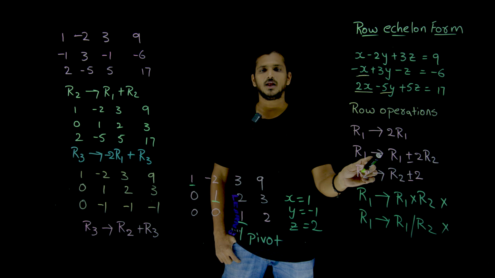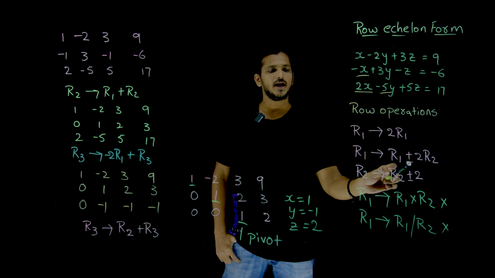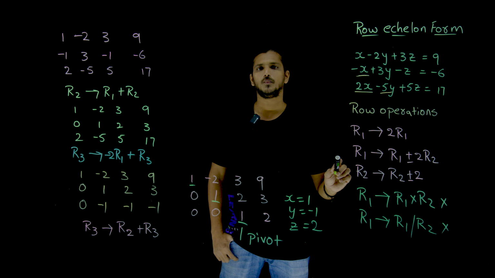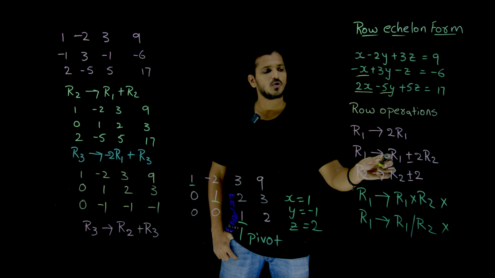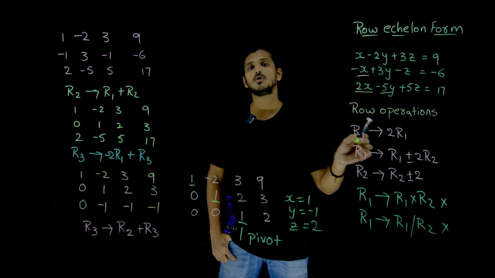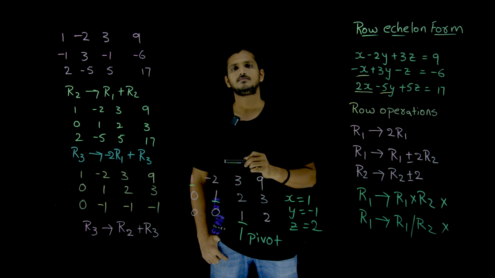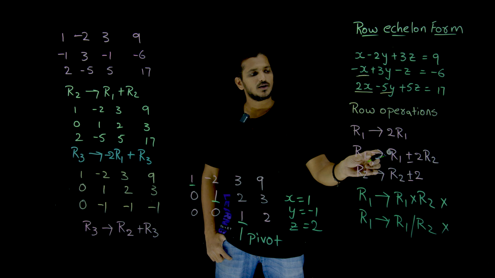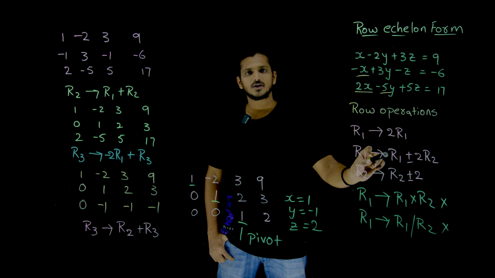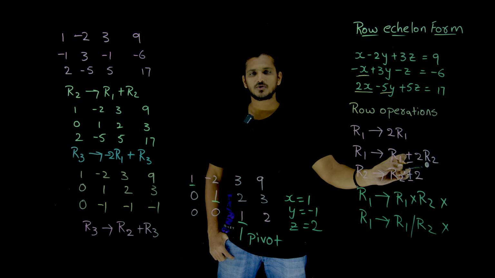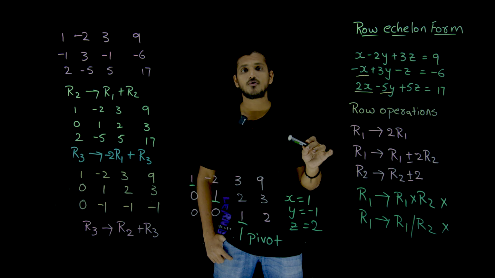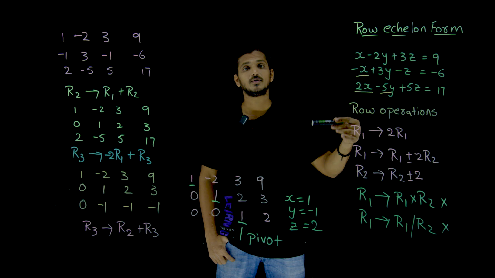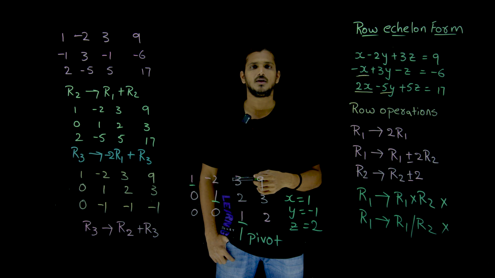Similarly, row 1 equals row 1 added to or subtracted from a scalar multiple of row 2. That means you can do plus or minus operations. You can add two rows, or subtract two rows, or multiply a scalar with a row and then add it to the next row. Like this, you can do any kind of operations.